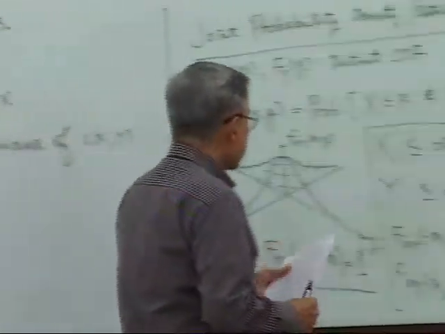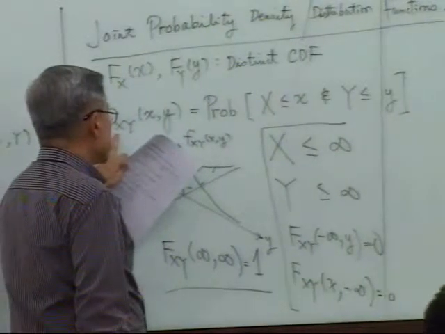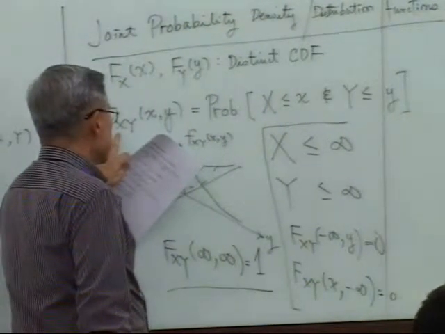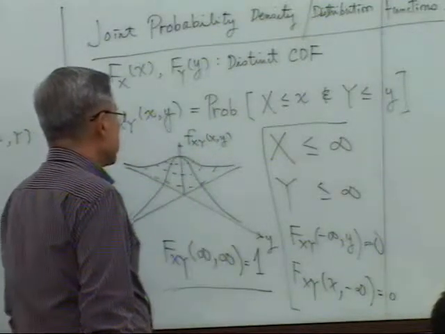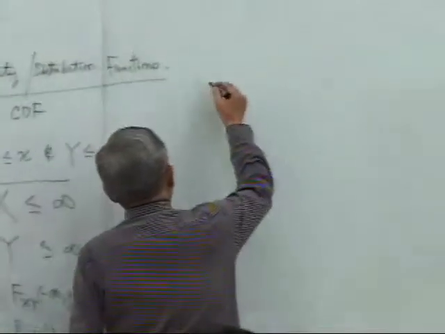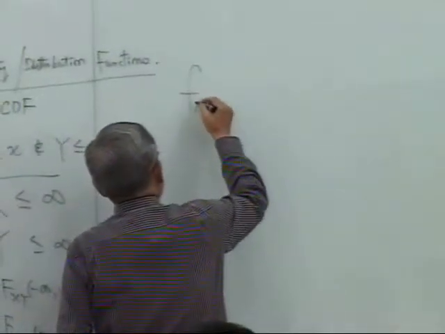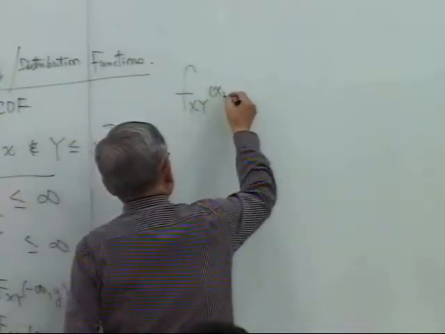Okay, so now this is a probability distribution function, or cumulative distribution function. What about the joint probability density function?